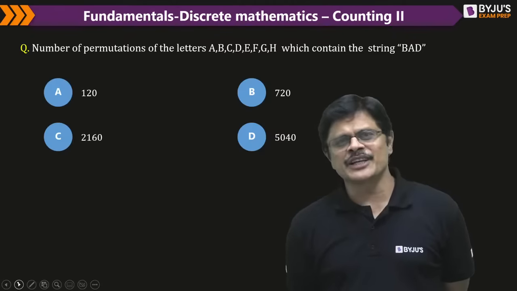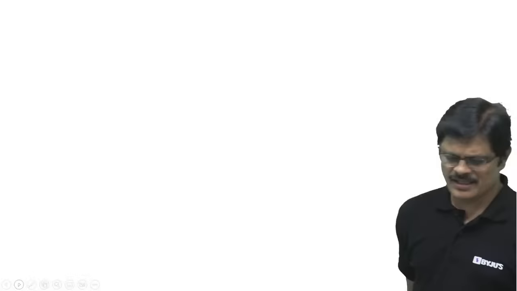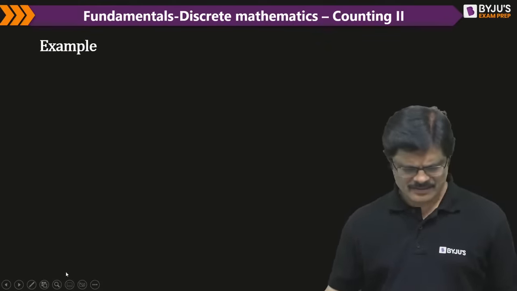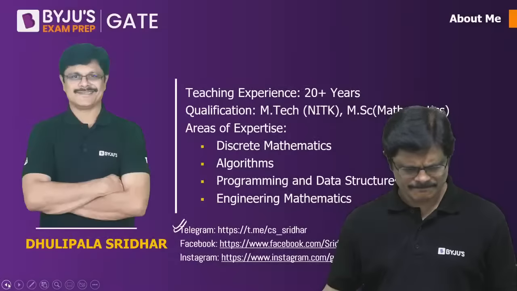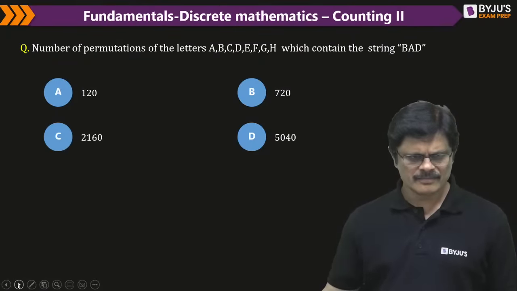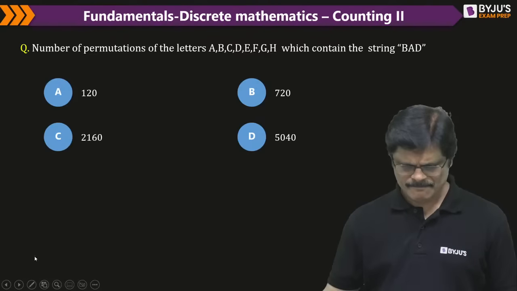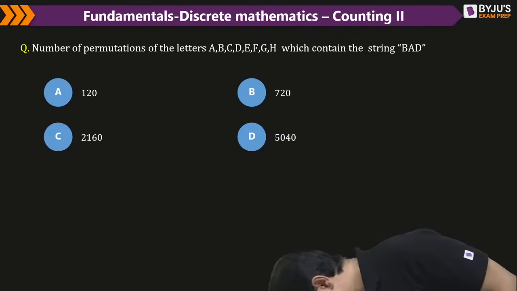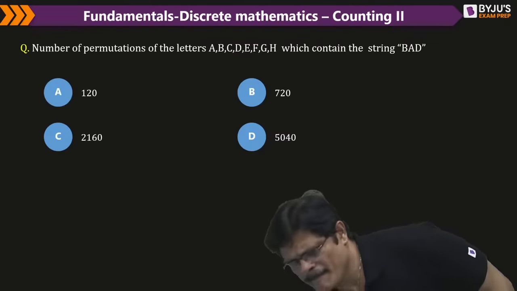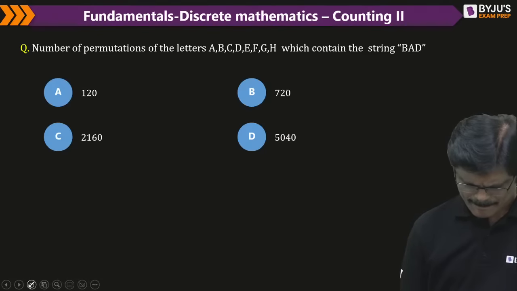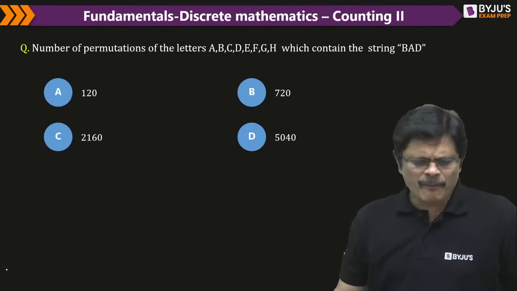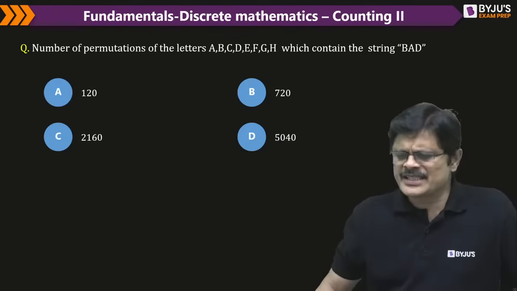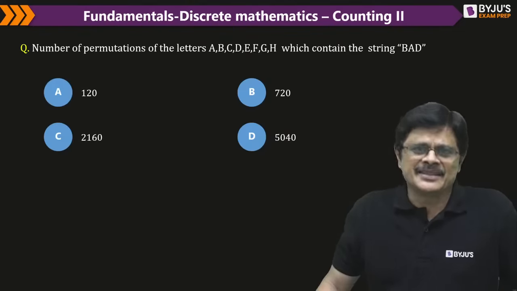How many permutations of the letters A, B, C, D, E, F, G, H contain the string BAD?